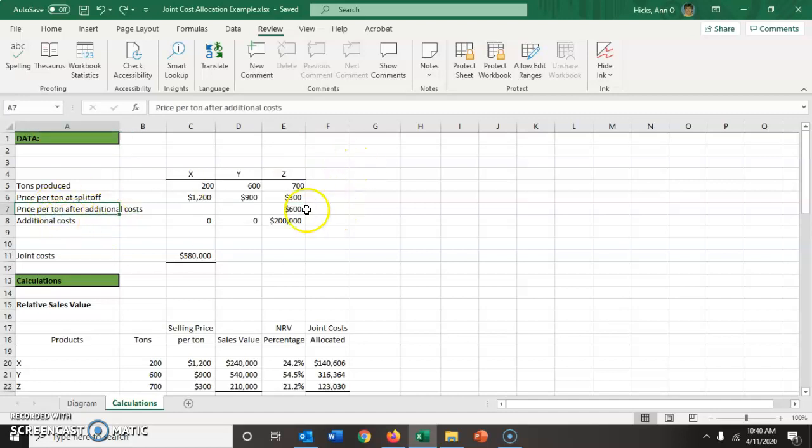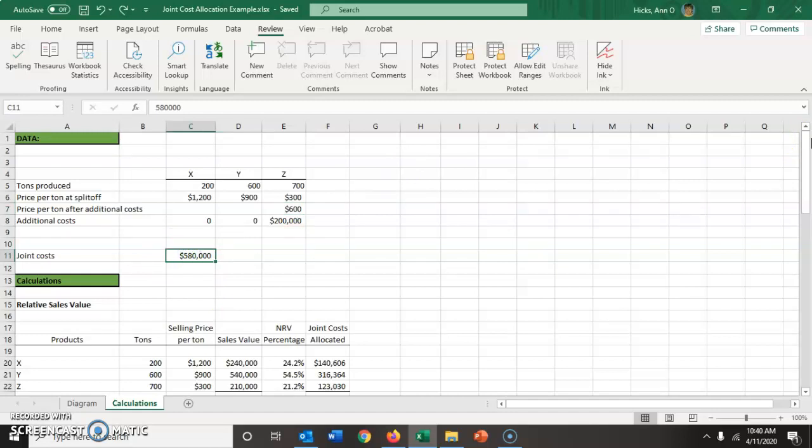Then after the additional costs of $200,000 are spent on Z, we can actually double our sales price because we've refined it into a different product. And then here are our joint costs.